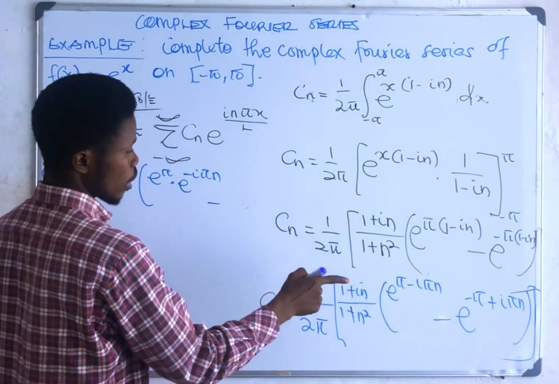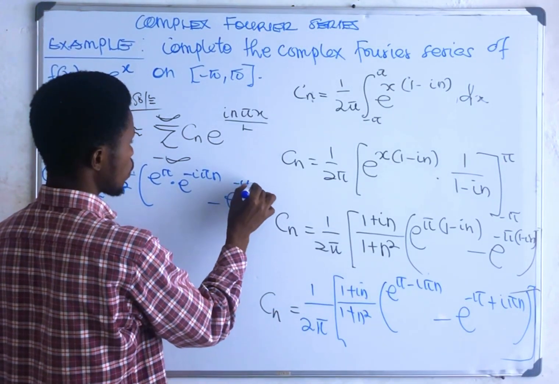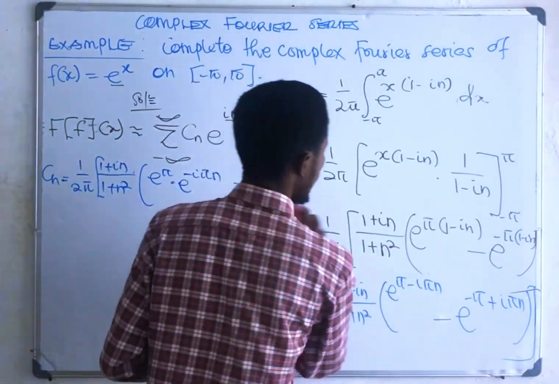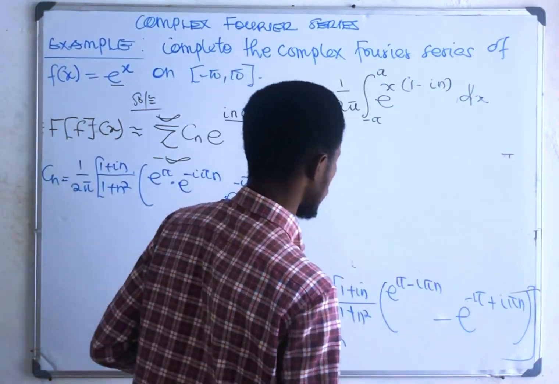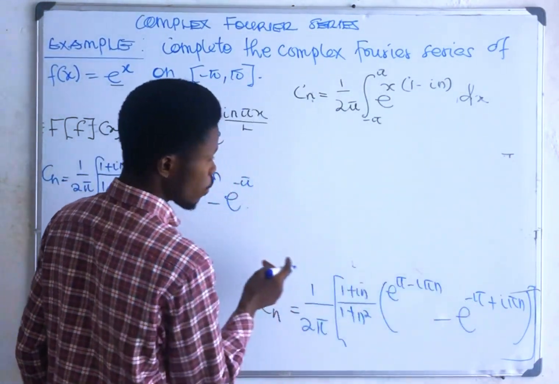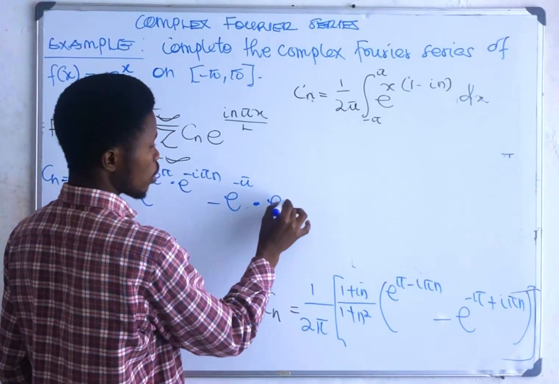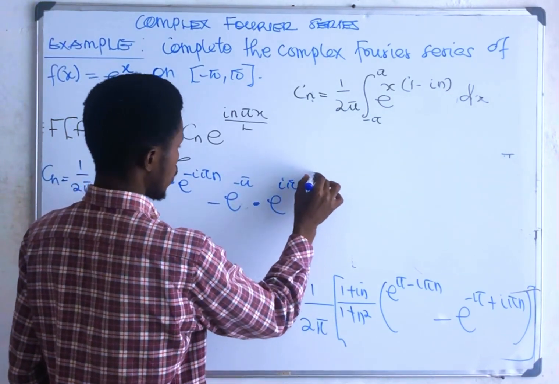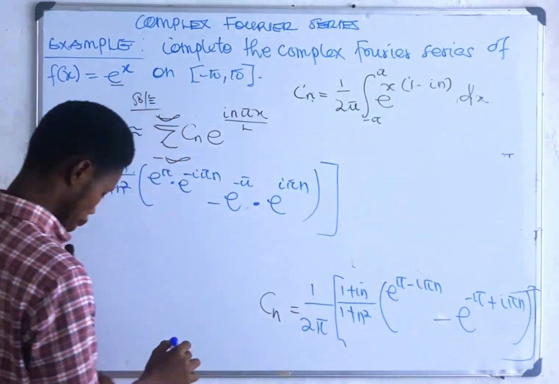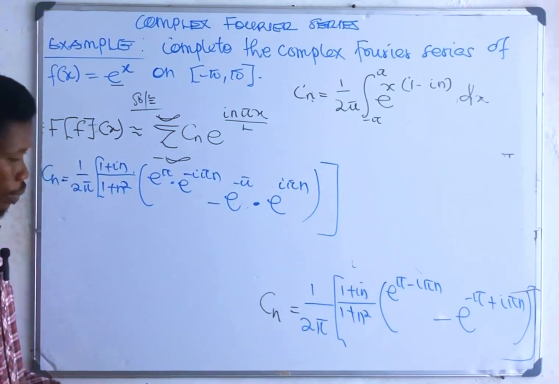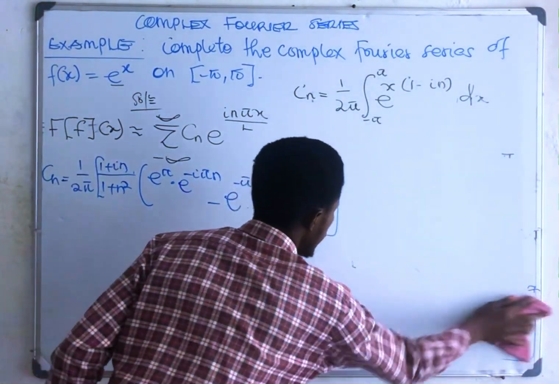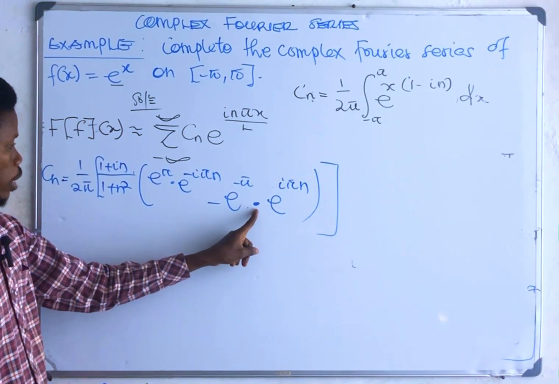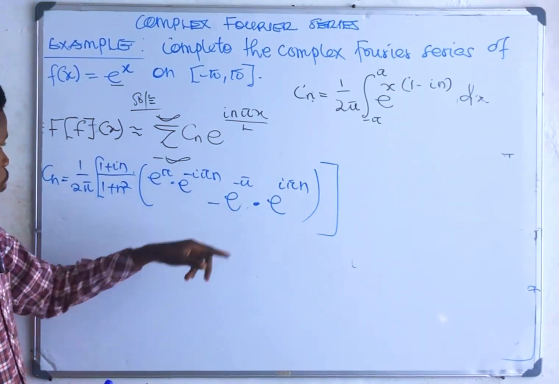Then this side too becomes e to the power negative pi multiplied by e to the power positive i pi n. Is that okay? So this is how it will look like. I hope we are not confused about this. You see, I'm multiplying, so if I add the powers, I'll get back what I was having.